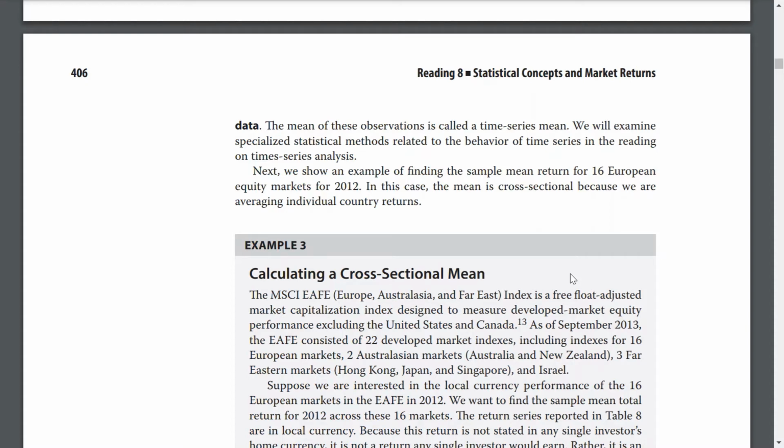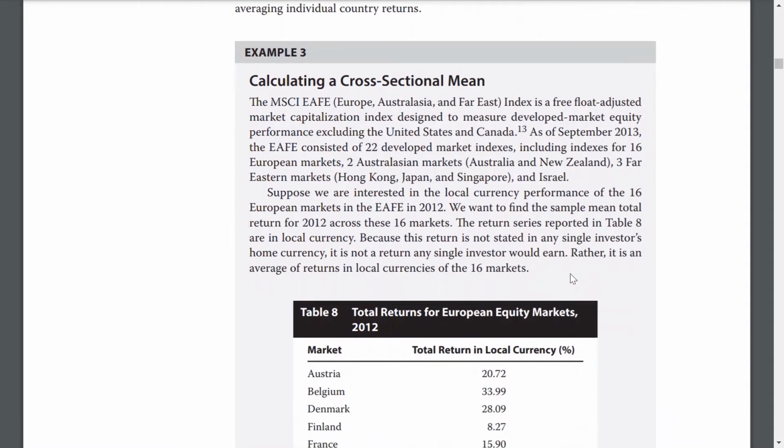Next, we show an example of finding the sample mean return for 16 European equity markets for 2012. In this case, the mean is cross-sectional because we are averaging individual country returns. Example 3, calculating a cross-sectional mean. The MSCI EAFE, the Europe, Australasia, and Far East Index, is a free-float adjusted market capitalization index designed to measure developed market equity performance, excluding the United States and Canada.